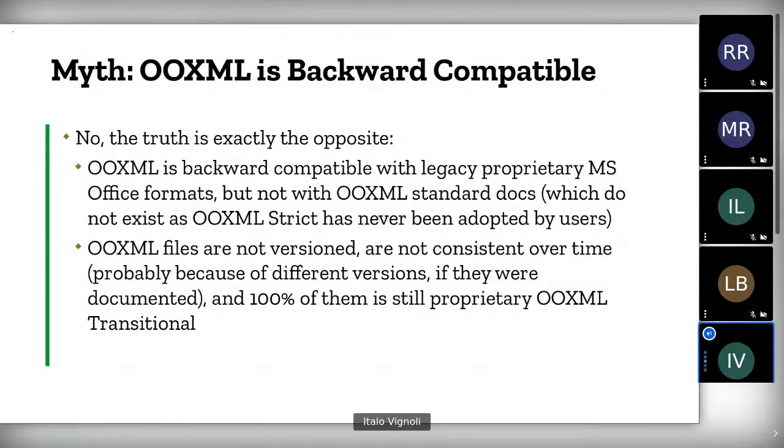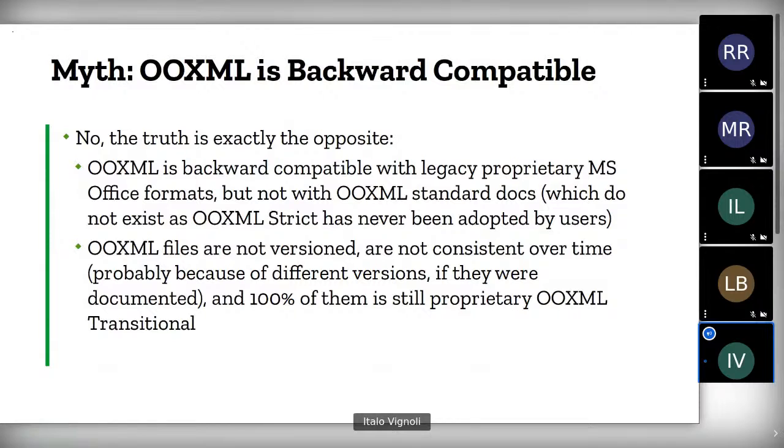But you don't know when their rules are implemented and if they are all implemented. So what happens is that the documents are not consistent over time, probably exactly because of the different versions, if they were documented.